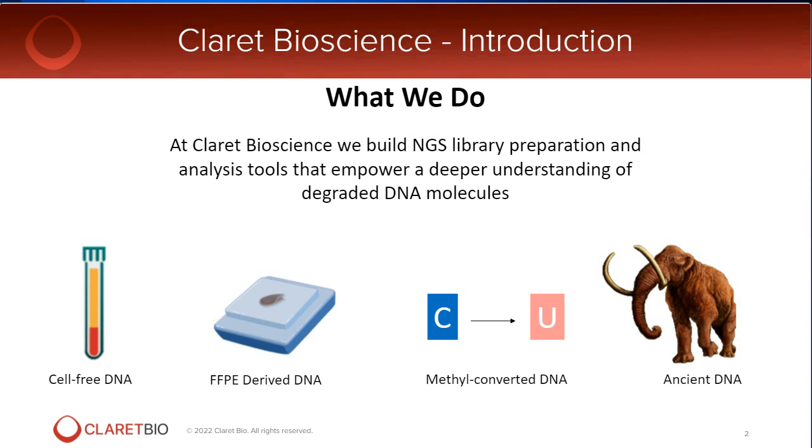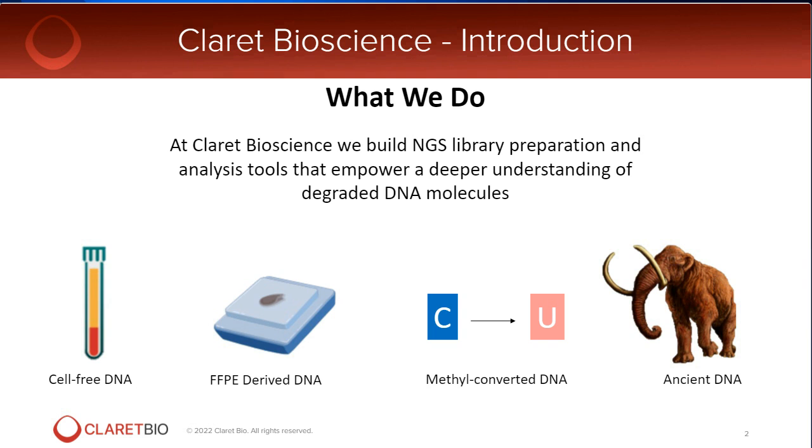Before I get to the experiment at hand, I just want to do a little background about ClaretBio as well as our NGS library prep SRSLY. The goal of Claret Bioscience is to develop NGS library preparation tools to help scientists get the best data out of their worst samples possible.